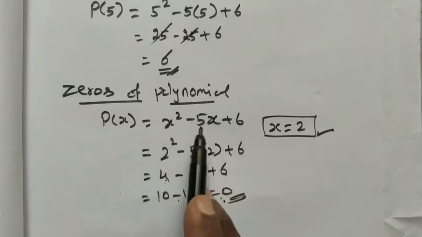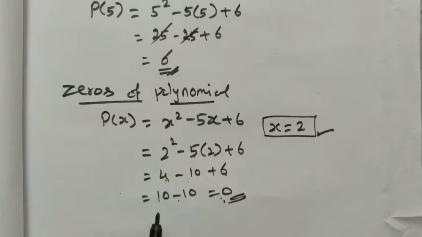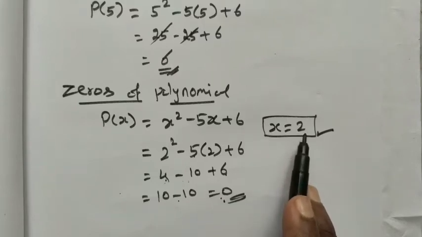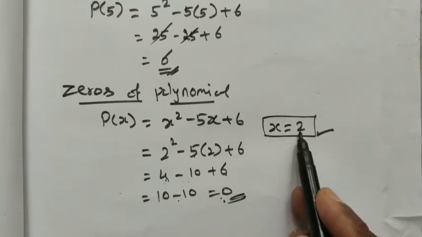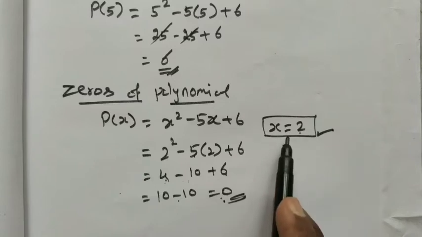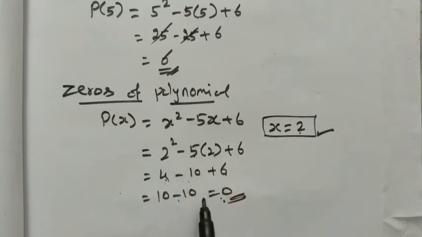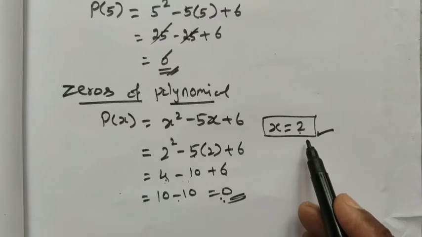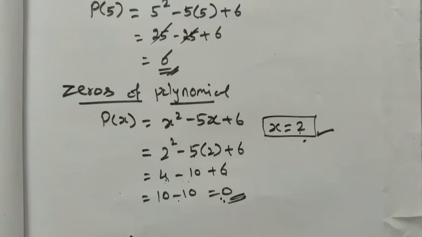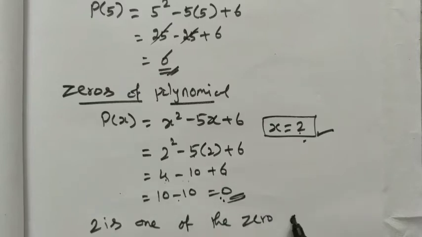The polynomial becomes 0 when I apply the value of x, whatever the number is. Then we can say x is equal to 2, and that 2 is one of the zeros of the polynomial p of x, right?